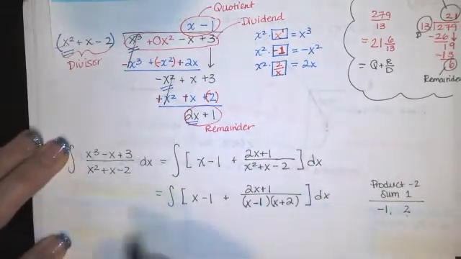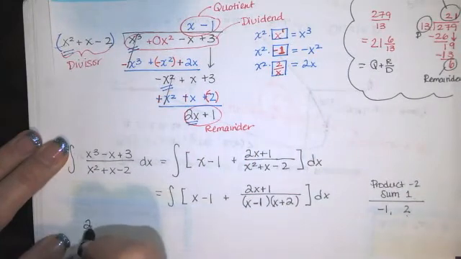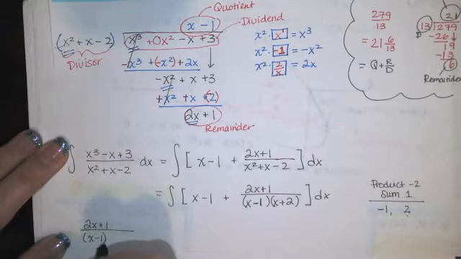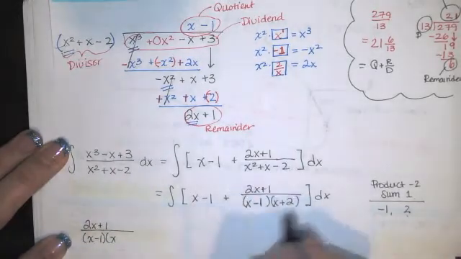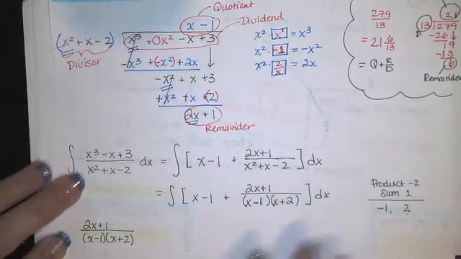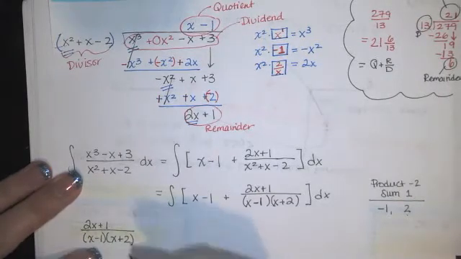All right, so I'm going to step away from the integral for a moment, and then we'll get ready to rewrite this as a sum of partial fractions. So first, with my denominator factored as much as possible, I see that I have a degree 1 factor in this denominator times a degree 1 factor.